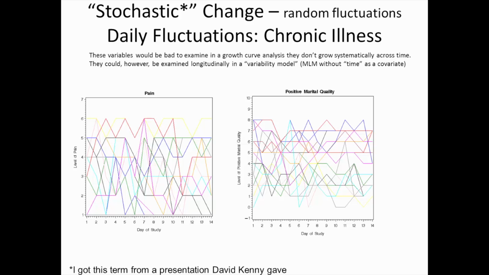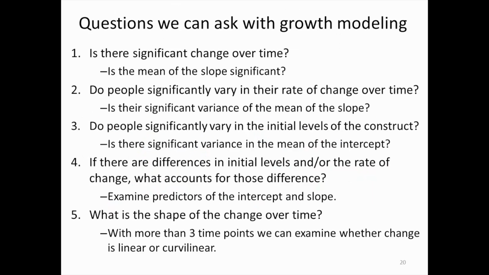And so we might model this similarly with a longitudinal nesting, but we wouldn't necessarily model time in relation to it. That's really a topic for another day. But if your data looks like this, then you're probably not going to be interested in a growth curve, but rather you're going to be interested in variability. So you'd set up a variability model rather than a growth curve model.